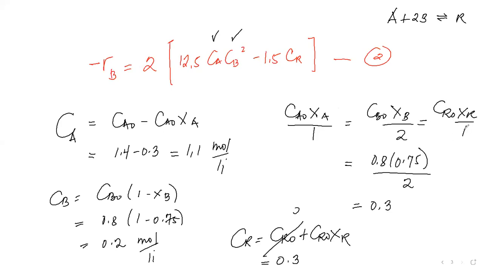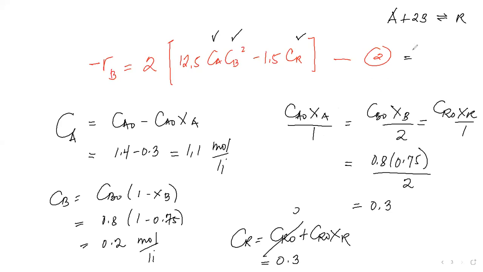CROXR is just over 1. This one is over 2. So same thing with CAOXA over 1. So this is 0.3. Now having all these three, you can now solve for the rate in terms of B. Can you please solve for it?